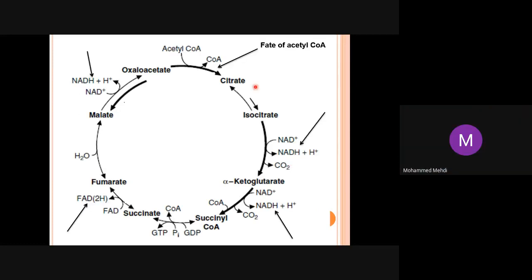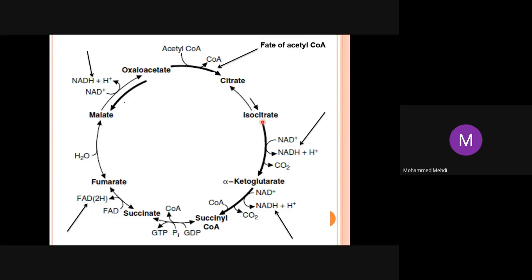This is the Krebs cycle. Acetyl-CoA condenses with oxaloacetate to form citrate. It is catalyzed by citrate synthase enzyme. The second reaction is catalyzed by aconitase enzyme, the isomerization of citrate to isocitrate.